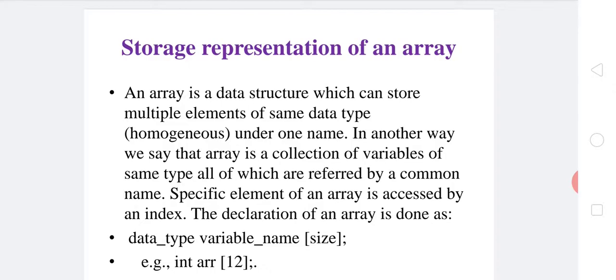All the elements of an array are stored in contiguous memory locations, where the first element is accessed as array name 0, the second as array name 1, and so on. In our case, it will be array of 0, array of 1, array of 2 up to array of 11. The first element of an array starts at index 0 and the last element is at index array size minus 1, which is 12 minus 1, 11.